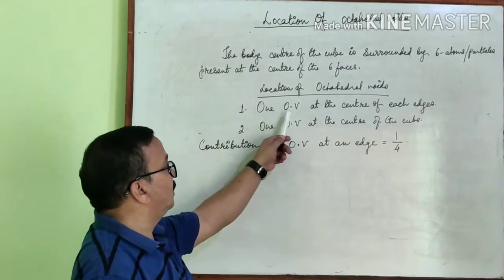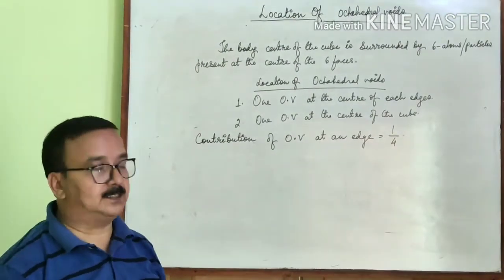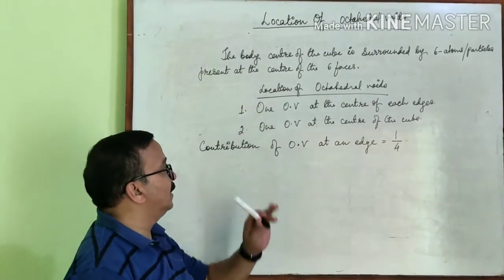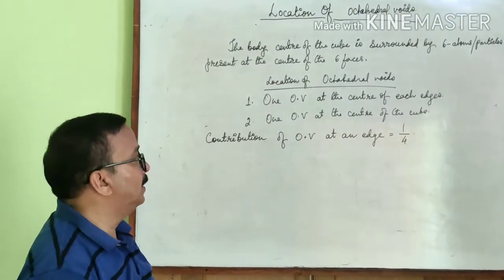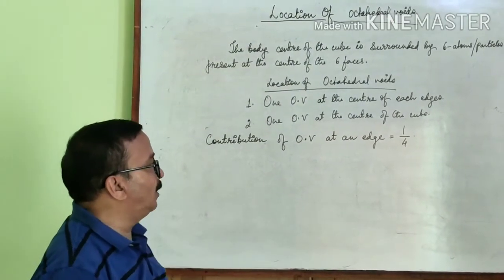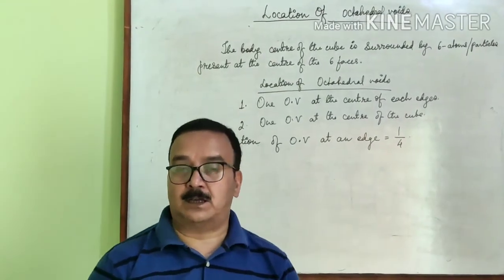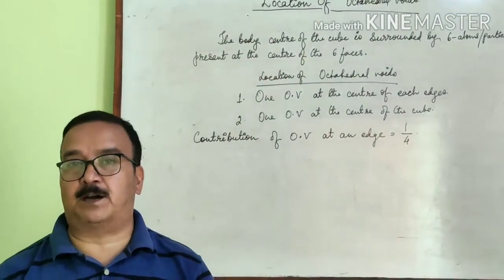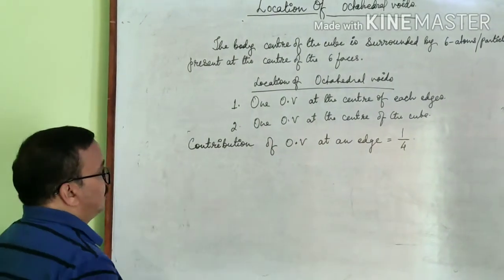First, one octahedral void is formed at the center of each edge, and second, another octahedral void is formed at the center of the cube. Now the contribution of an octahedral void at an edge is 1 by 4, because one edge is shared by 4 unit cells.